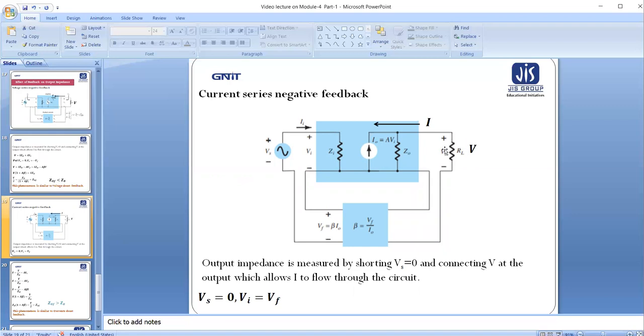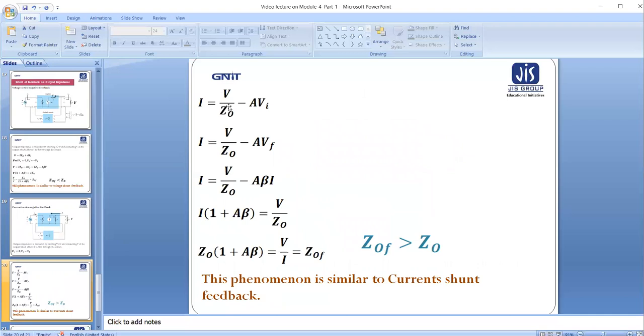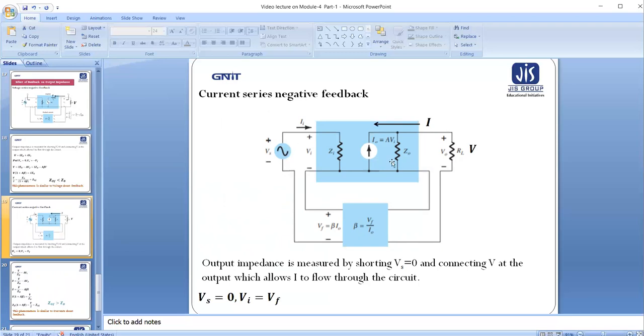So what is happening again? I am connecting an external voltage V and shorting the Vs. So V is sending a current I. So I can say I equals V by Zo minus Io, or A Vi, because the direction of this current is just opposite to this I. So I equals V by Zo minus A Vi. Since Vs equals 0, Vi can be written as Vf.